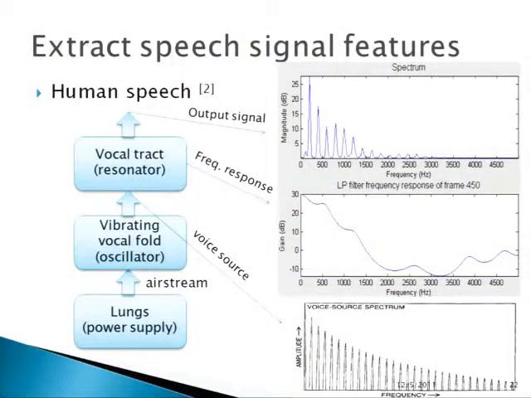So we'll show how to extract the formant. It's basically from the observed spectral envelope. Let's see this figure. This shows we generate some airstream from our lungs.